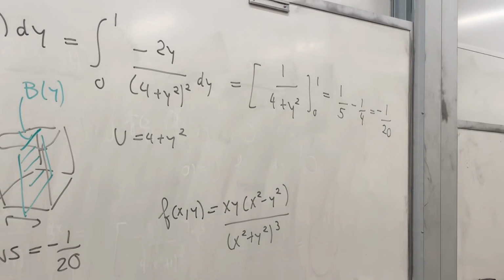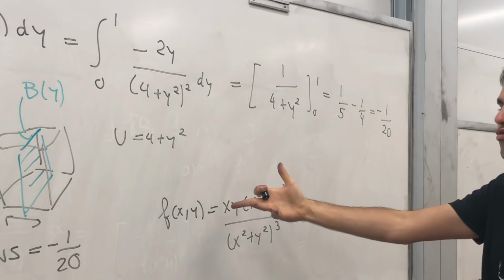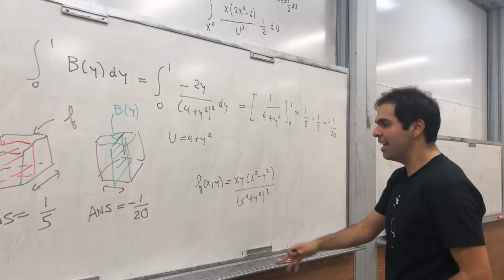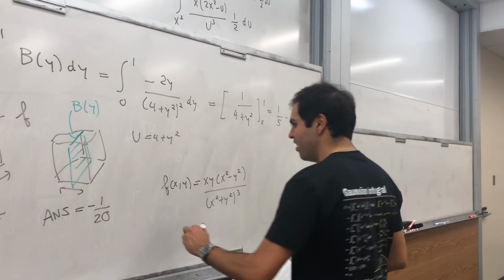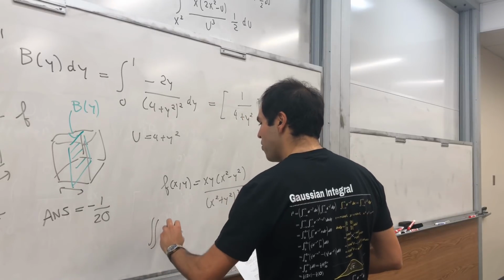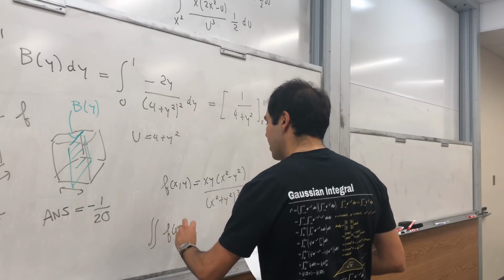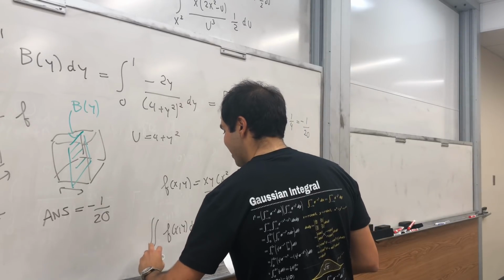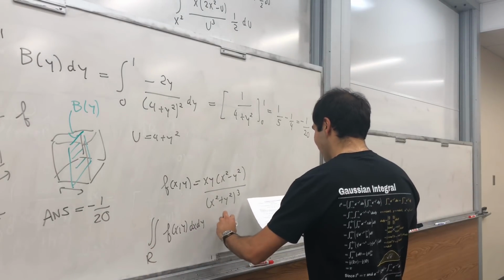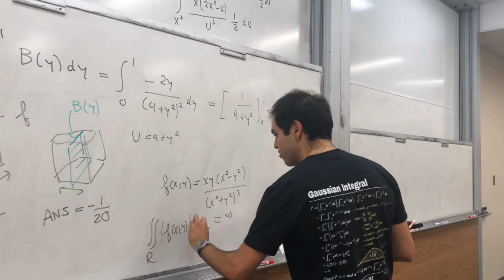The reason Fubini's theorem doesn't apply is that the function itself is not integrable. In other words, if you take the double integral of f of x,y dx dy over the rectangle, then you should get infinity. I guess the absolute value of that.